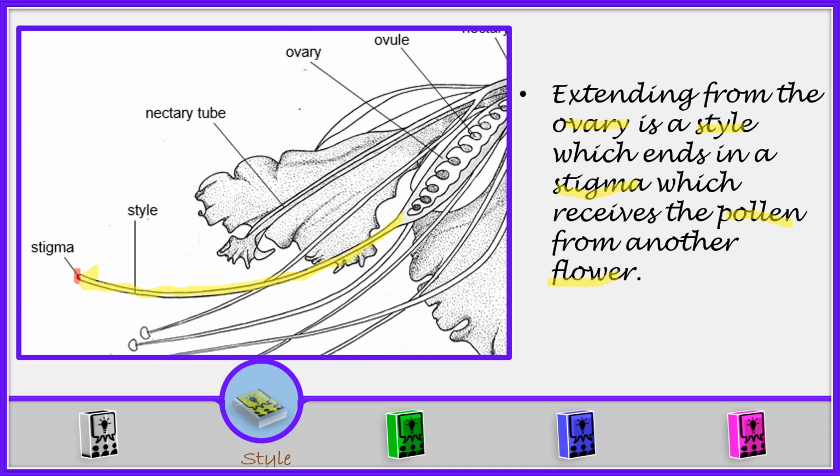The stigma is this upper part here. So from the ovary we have an extension, called a style, and that style ends in a point called the stigma.